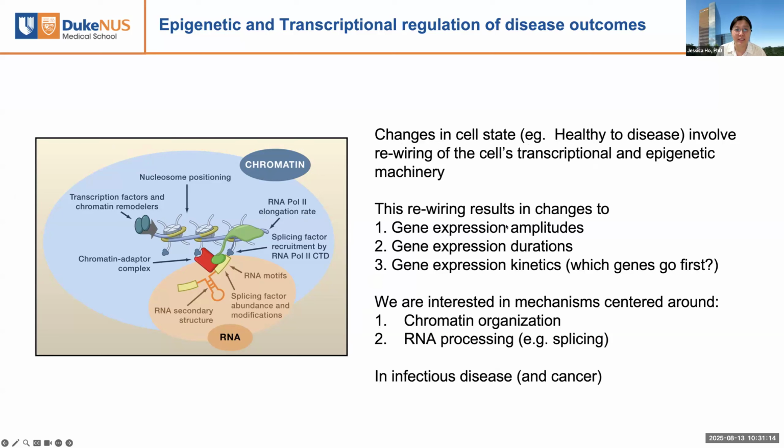And this rewiring is actually required to make sure that the cell can express the appropriate genes. It's important for making sure the cell has the correct gene expression amplitudes, the correct durations of gene expression, as well as the correct kinetics of gene expression. So what genes go first, what genes go next, what genes go last.